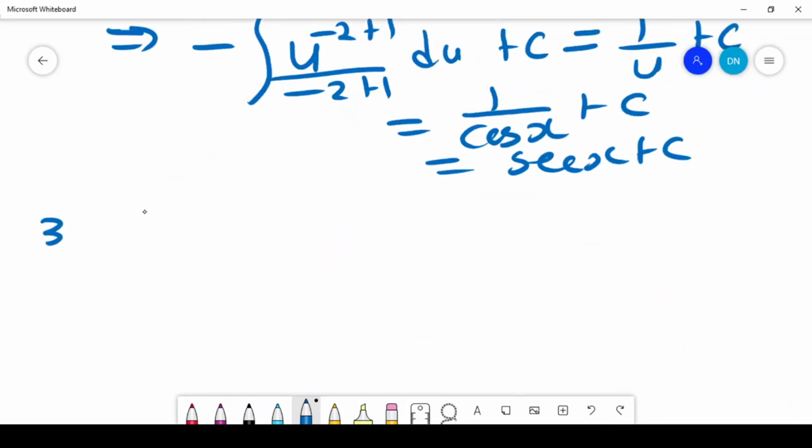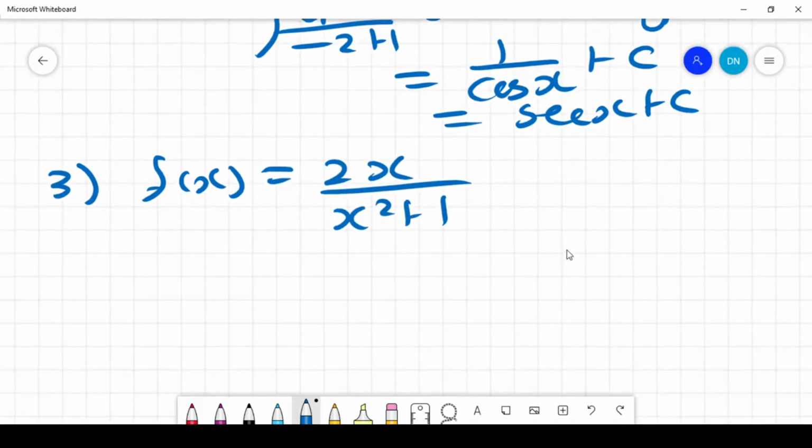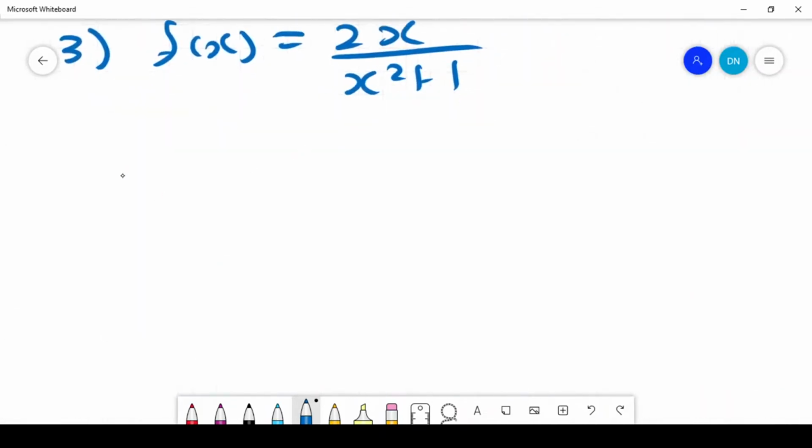So I've shown that if I have a function f of x equals 2x all over x squared plus 1, what happens to this variable? It is 2x over x squared plus 1.